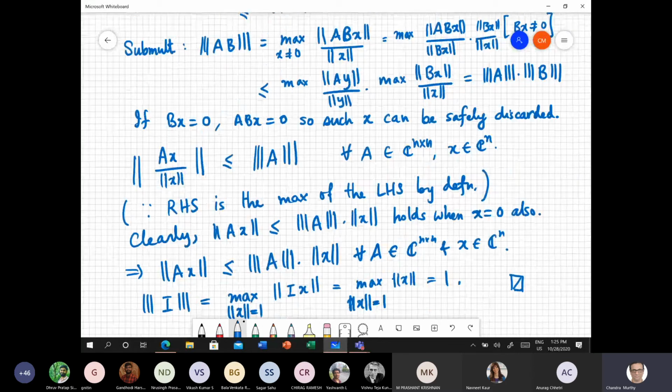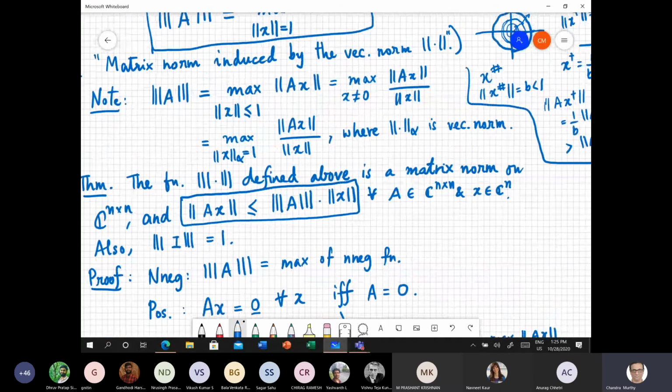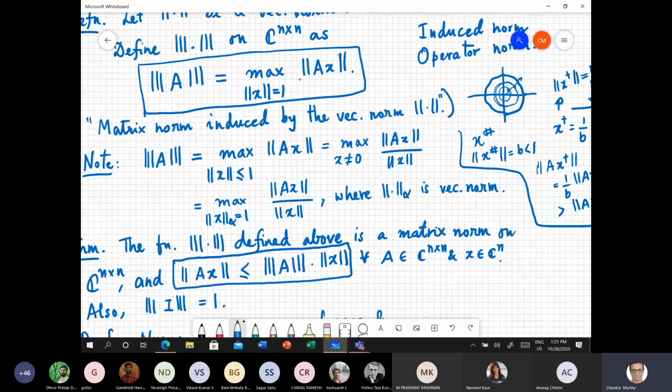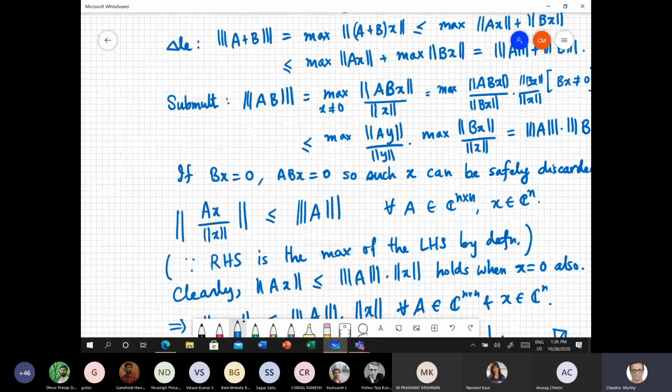This name comes from the fact that by definition this norm is the maximum over all x with norm x equal to 1 of the norm of Ax. So in other words, it's the smallest upper bound you can place on norm of Ax over all x satisfying norm x equals 1. Or if you look at this definition here, it's the smallest upper bound you can place on norm Ax over norm x over all x not equal to 0. So that's why it's also called the least upper bound norm.